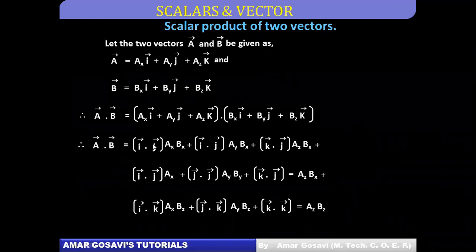Now, interesting thing. In the previous slide, we have proved i cap dot i cap will be 1, but i cap dot j cap will be 0. Two vectors are perpendicular. Similarly, k cap dot j cap will be 0. So in one row, only one term exists. Similarly, in the second row, this term will be 0, this term will be 0, this term will be there.